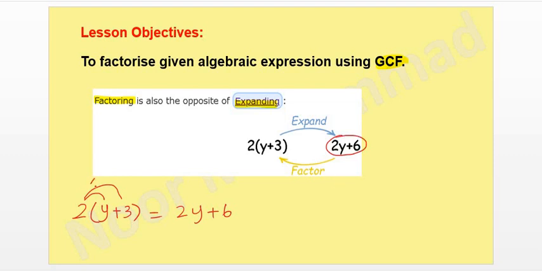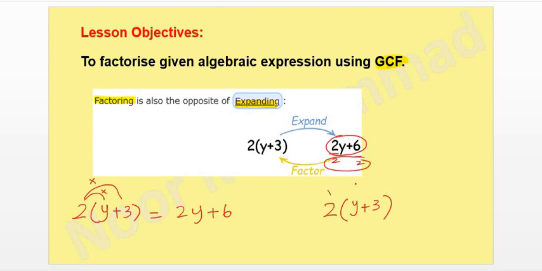Here we were multiplying to get the algebraic expression, or you can say to remove the brackets. To get the factors, we will divide this term by 2 and we will divide this term by 2. If you divide 2y by 2, it will give you only y, and if you divide 6 by 2, it will give you 3. That means this is one of the factors, and the other factor will be the number that you are using to divide, which is 2.